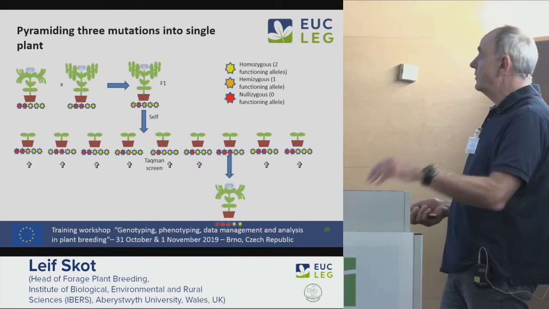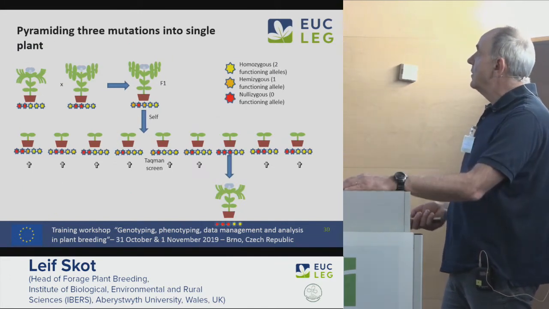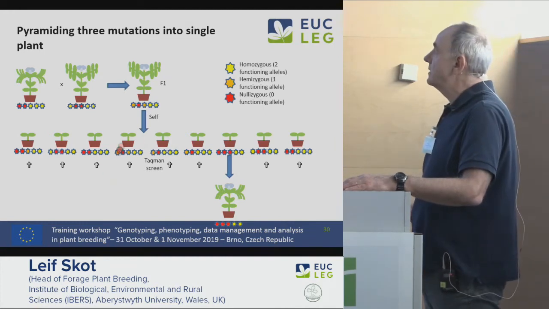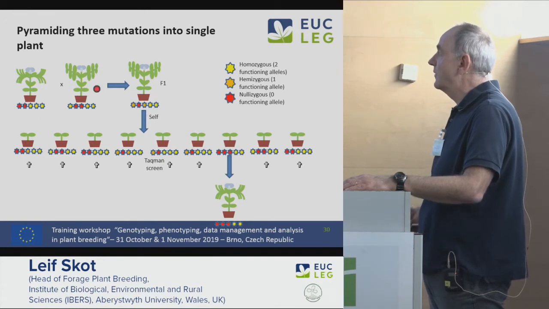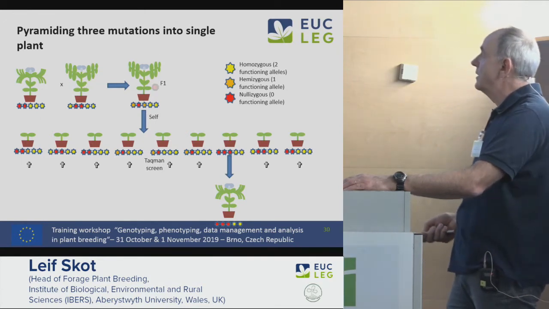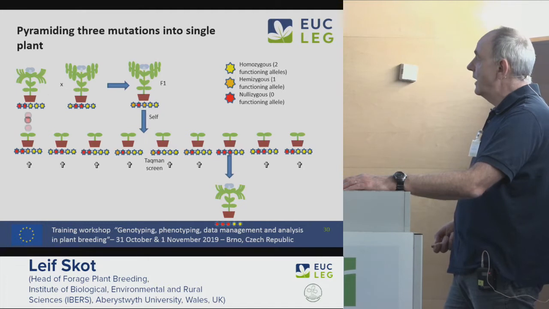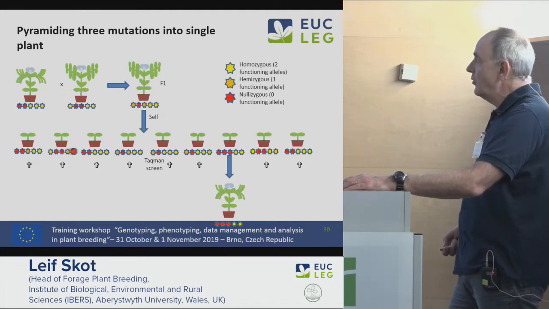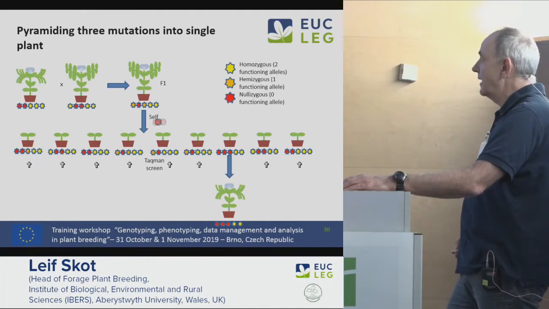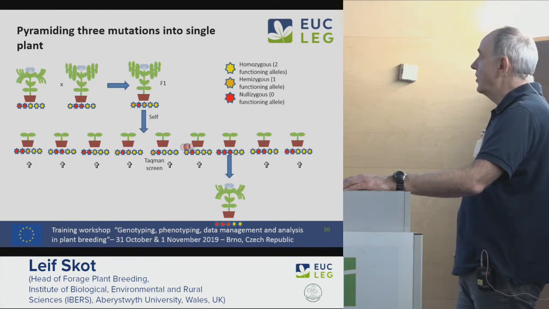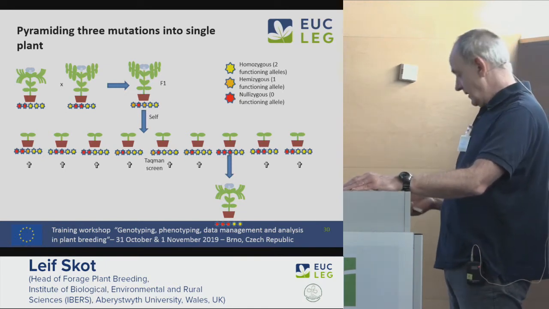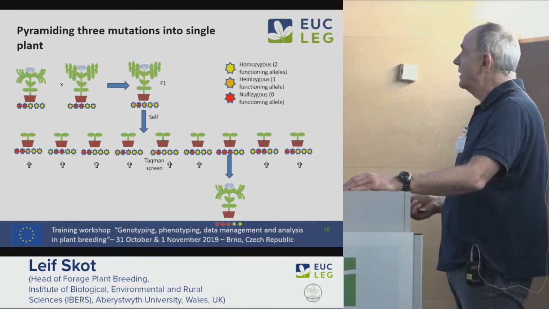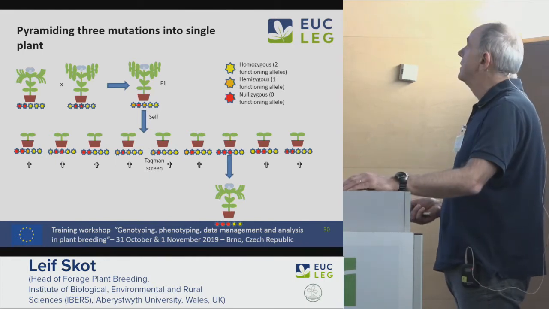Then you pyramid those, go on to the other mutations, and cross different variants into F1s and self them, and you get accumulation of these nulli-zygous mutations, and you cull the rest. For example, here they've selected one where they have accumulated 3 mutations and taken that forward. The rest have been ditched.